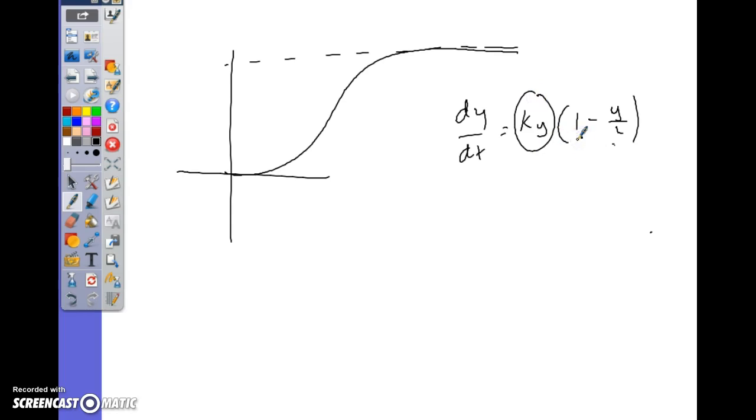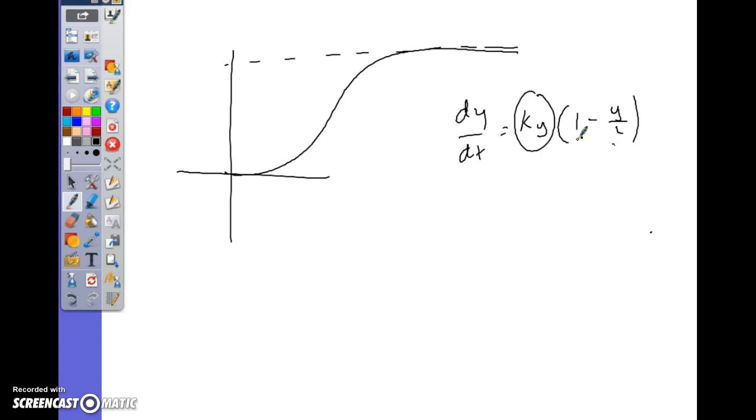Now the problem with this is the calculus for this is nasty. What do you have to do in order to integrate this? Good question. Well, the instructions are on the next page. I'll walk you through it a little bit. Remember, we've got to get all the y's over here and all the t's over there. Well, there's no t's.